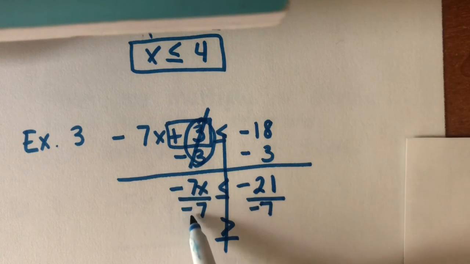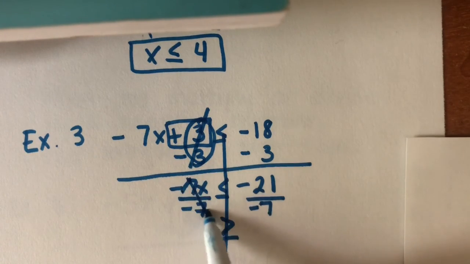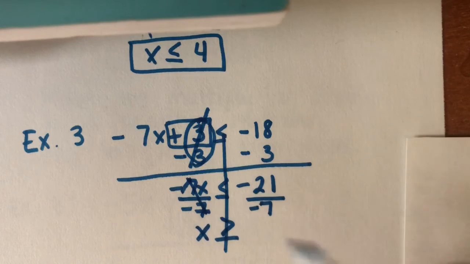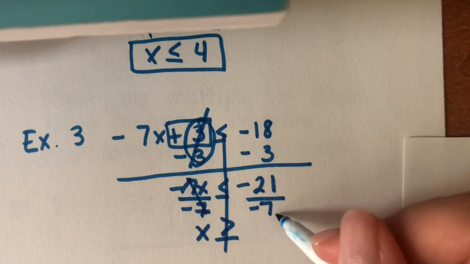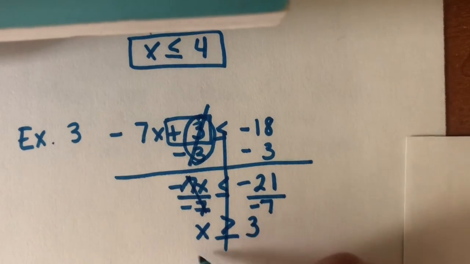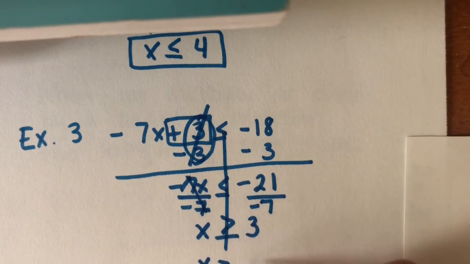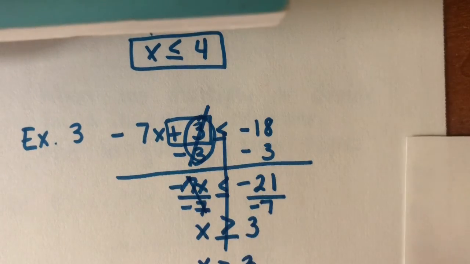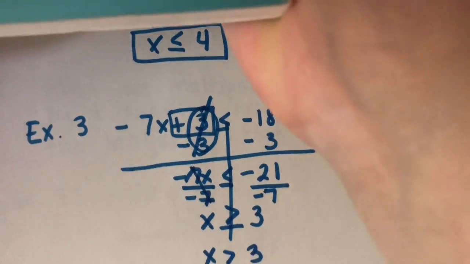So I have negative 7x divided by negative 7. That gives me a 1x, or just an x. And then negative 21 divided by negative 7 is a positive 3. So my answer for this inequality is x is greater than or equal to positive 3.